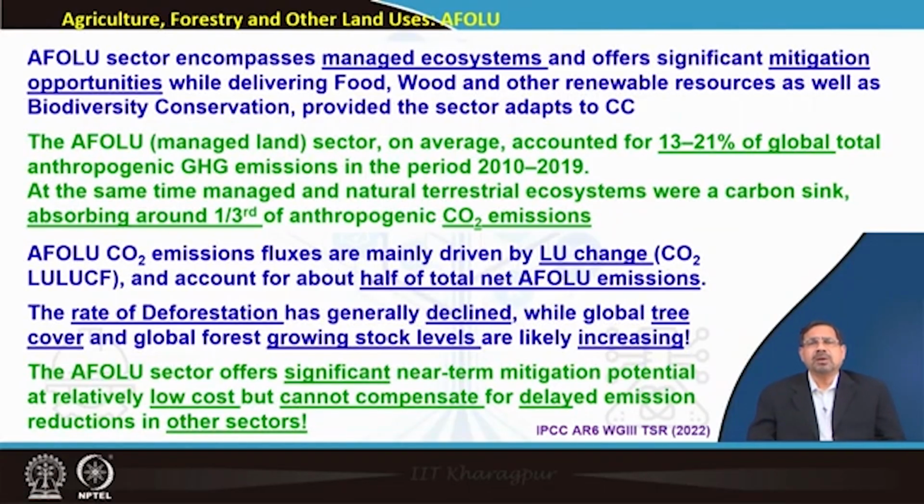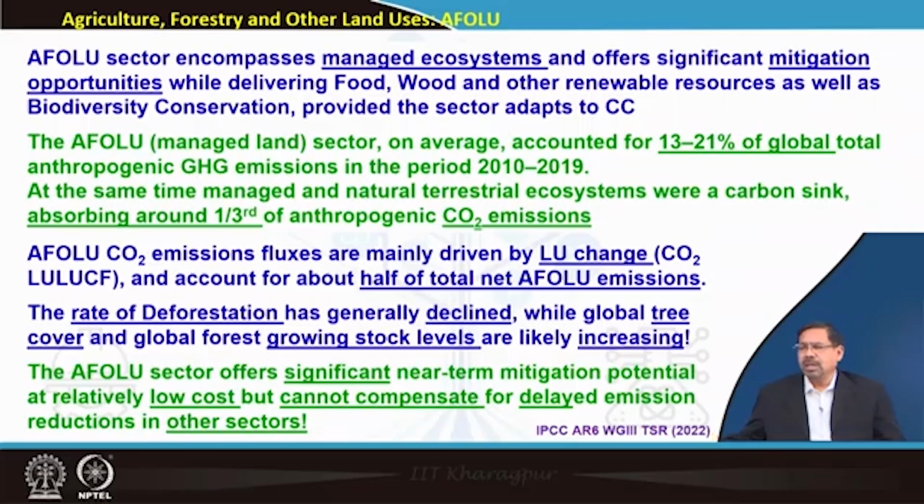Second, this AFOLU, or we say the managed land sector. On average, they account for about 13 to 21% of the total global anthropogenic greenhouse gas emissions during the period of 2010 to 2019, the past decade or the second decade of this century.